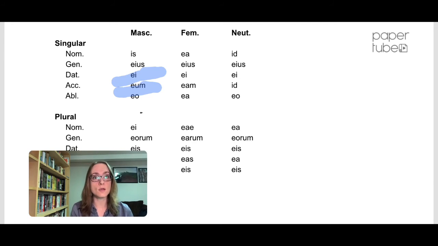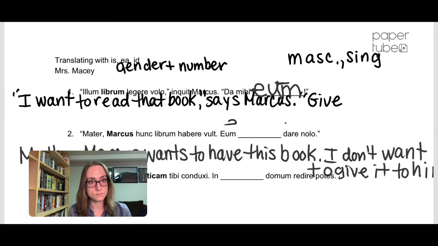So we already used eum and we used ea. Ei darling, dare nolo. I don't want to give it to him. So in number 1 we filled it in with eum, and number 2 we filled it in with ei, and now number 3.